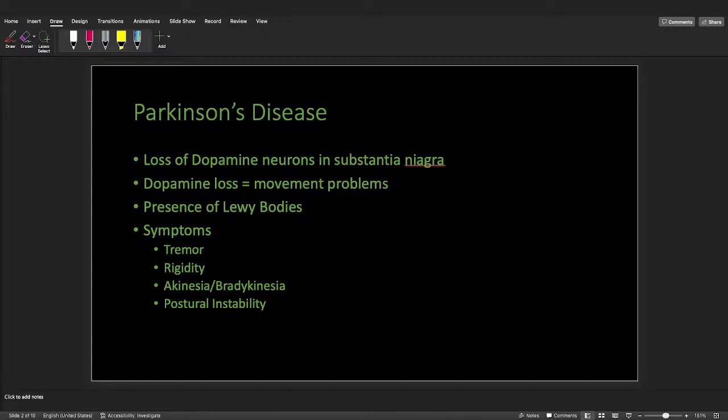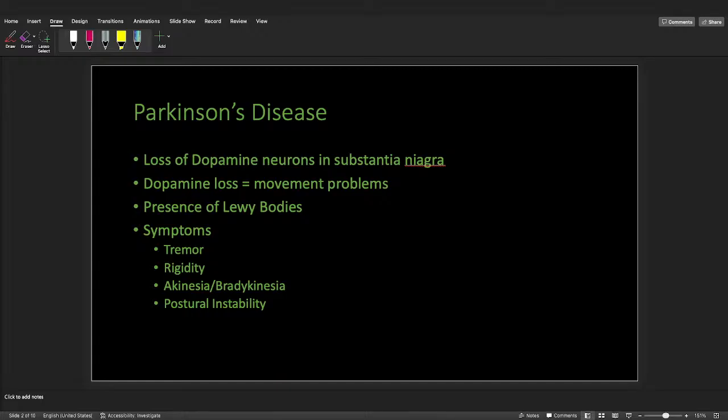So when there's dopamine loss, there are movement problems. The patient may be able to move, but they might not be able to control certain movements. So they're going to have tremors, rigidity, and maybe other types of movements like akinesia, bradykinesia, and postural instability. These are uncontrollable movements.